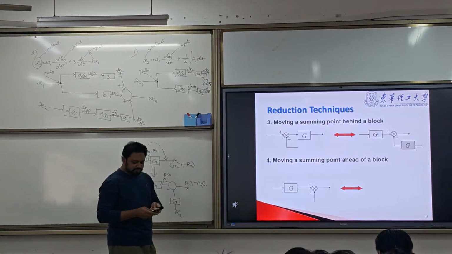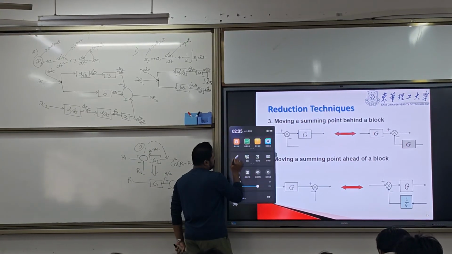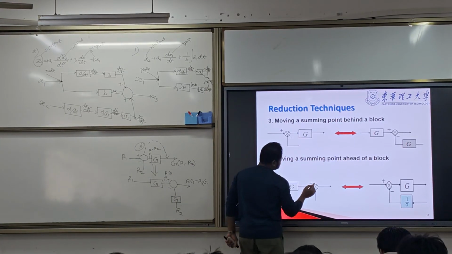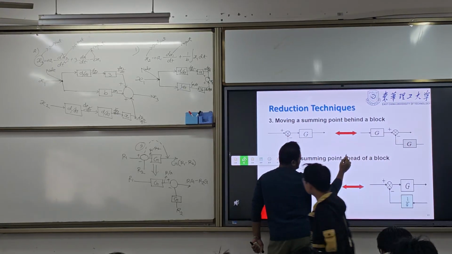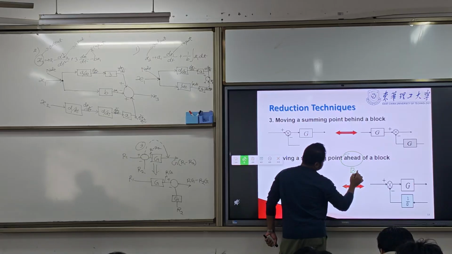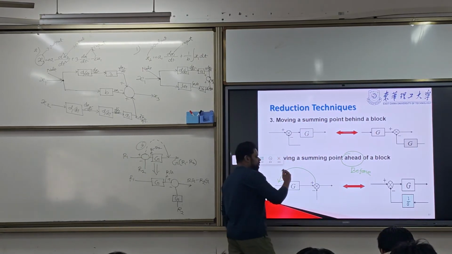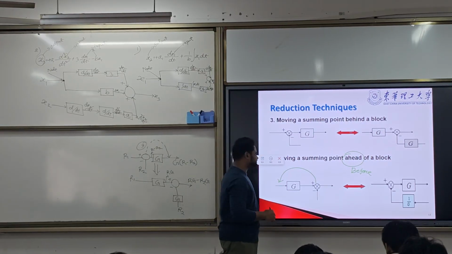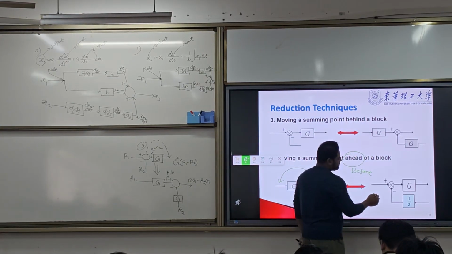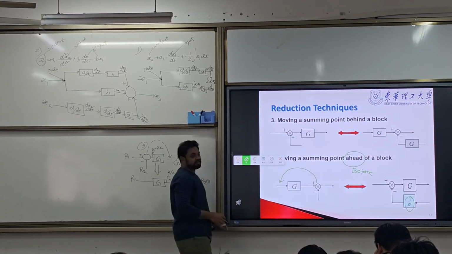Now if we want to move the summing point before a block, so ahead means before, what do we need? We need to multiply with 1 by g. Not the g, 1 by g.